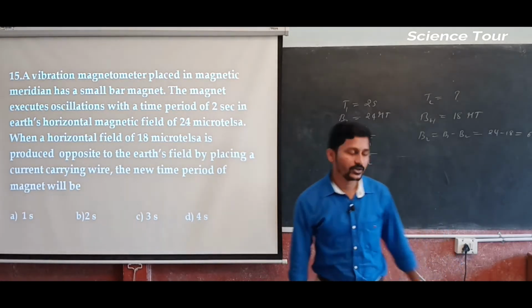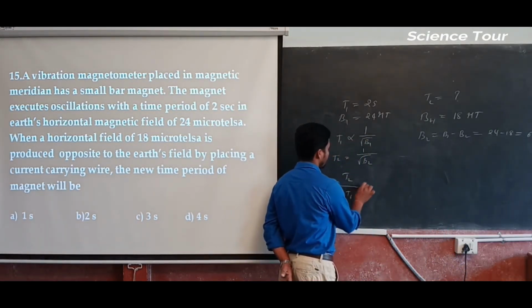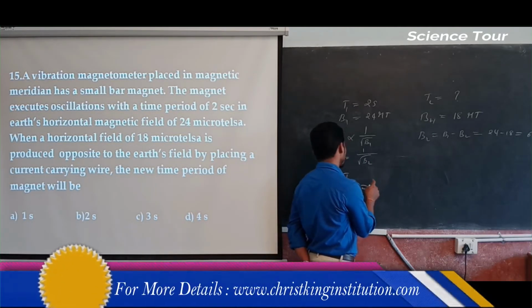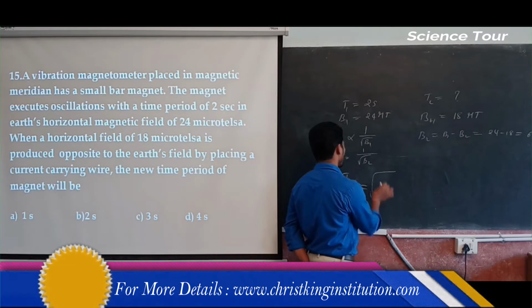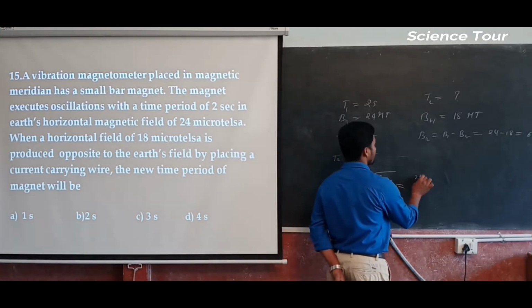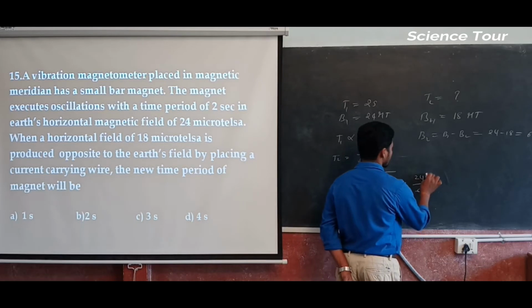Now, T1 we know, right. So, I write T2 divided by T1, which is inversely proportional, so I can write square root of B1 by B2. What is B1? B1 is 24. What is B2? B2 is 6.